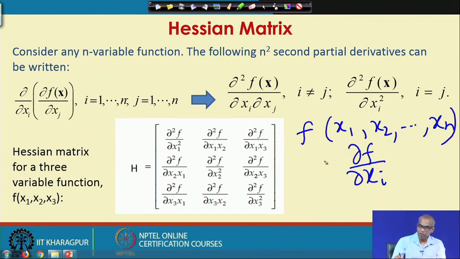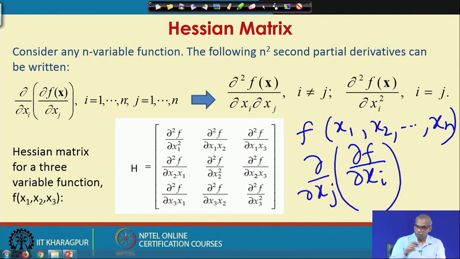Then we can have the second partial derivative where again j goes from 1 to n. So, you will have n square components. You will have n square second partial derivatives. These n square second partial derivatives will constitute a matrix, in fact, a symmetric matrix which is known as the Hessian matrix.